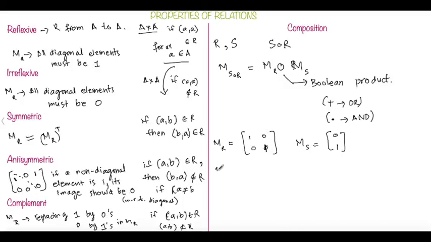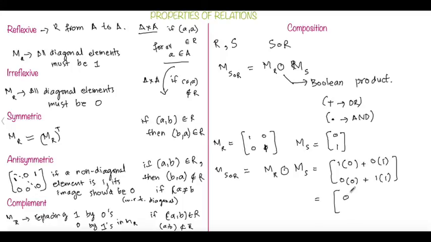Then MSOR is equal to MR Boolean product MS, which is equal to 1 times 0 plus 0 times 1 and 0 times 0 plus 1 times 1. So this is 0 plus 0, 0; 1 times 0 is 0, and 0 OR 0 is 0. So this is 0; 0 times 0 is 0 and 1 times 1 is 1, and 0 or 1 is 1. So this is my answer for this. Okay, so this is for composition.